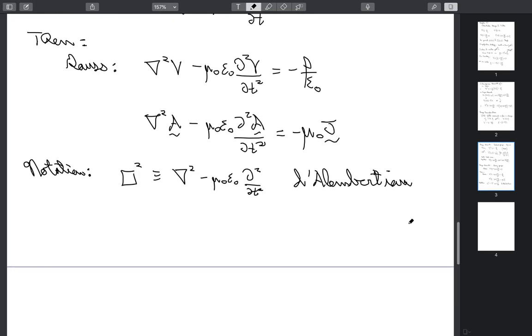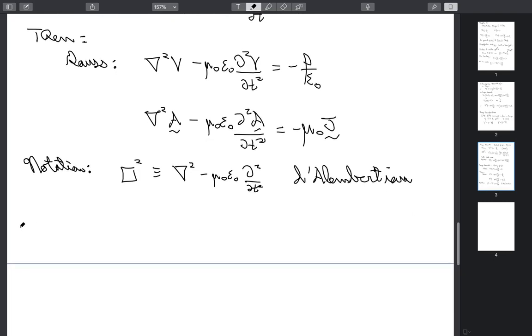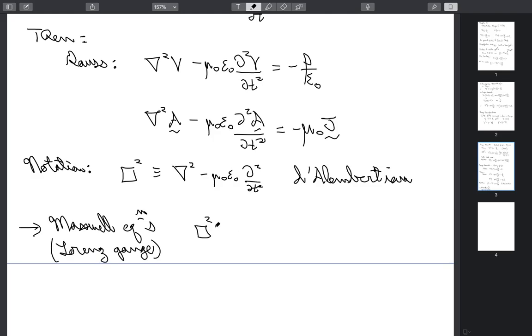That leads to Maxwell equations in Lorenz gauge, which are just that the D'Alembertian on V is equal to minus rho over epsilon 0, and the D'Alembertian on A is just equal to minus mu 0 j.